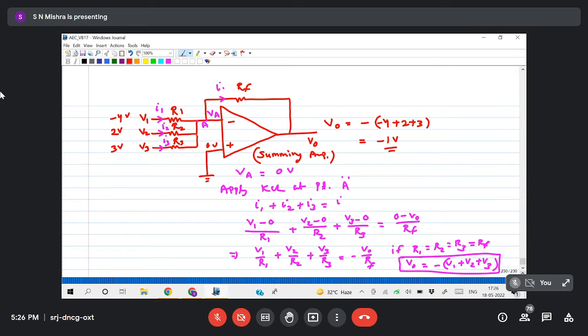If resistances are not equal, then you have to find this voltage, then multiply with RF, and that is your output voltage. Are you getting my point? Yes, sir. I have given one question in assignment 2. I have uploaded it today, so you can check it and solve that problem related to this one.